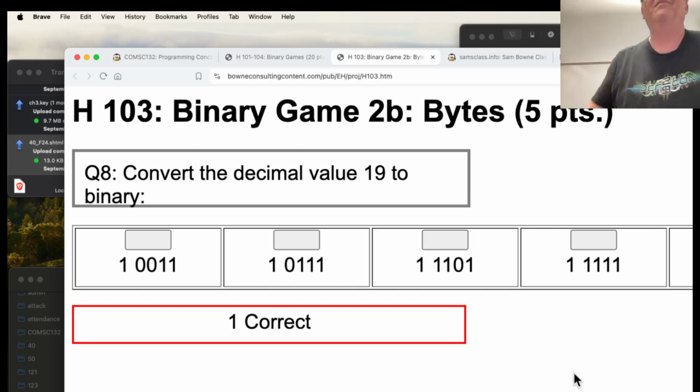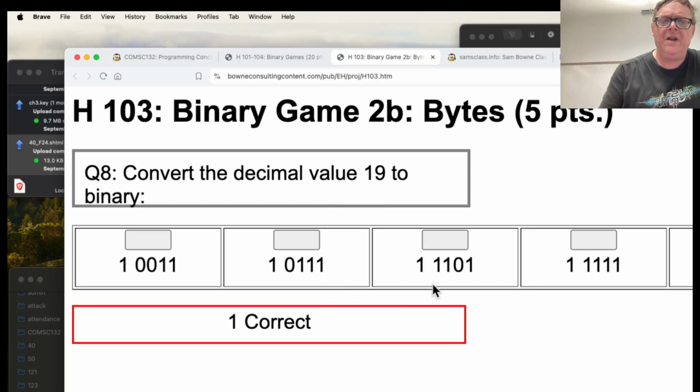Would it be 1, 0, 1, 0, 1? That's not an option.